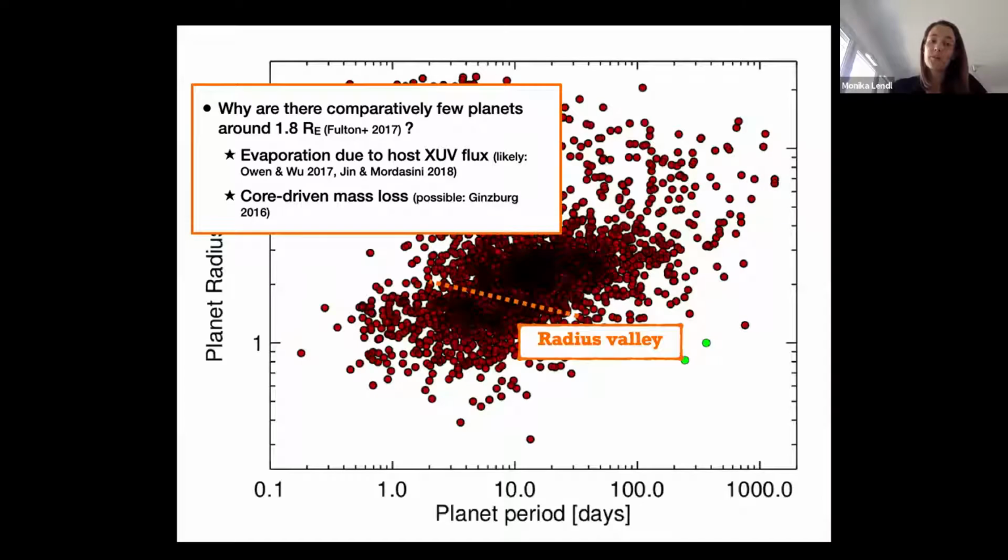The most commonly explored possibility is that this is due to evaporation during the formation of the planet, due to the host star's XUV flux. We also see a slight dependence of this radius valley on the planetary period. It simply means that planets that are exposed to more XUV flux during their formation have a harder time accreting gaseous envelopes.